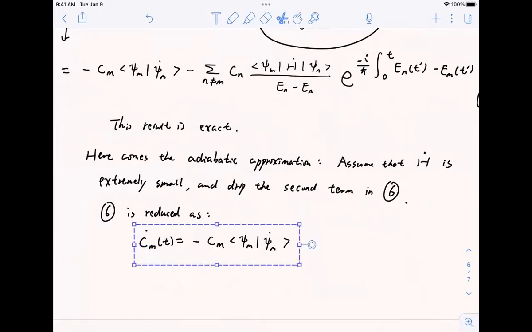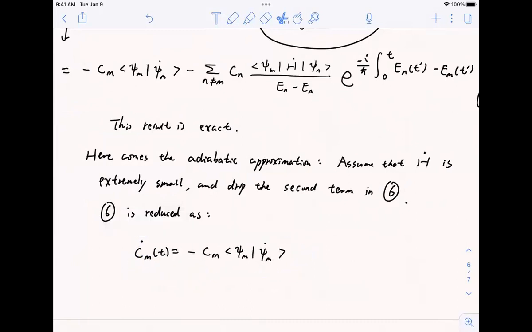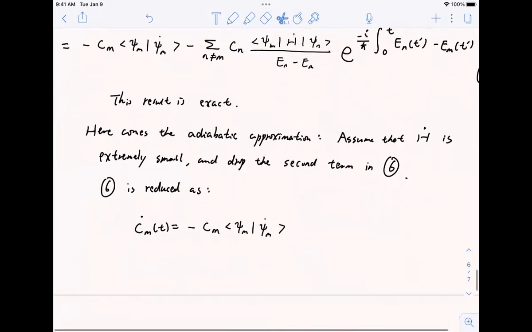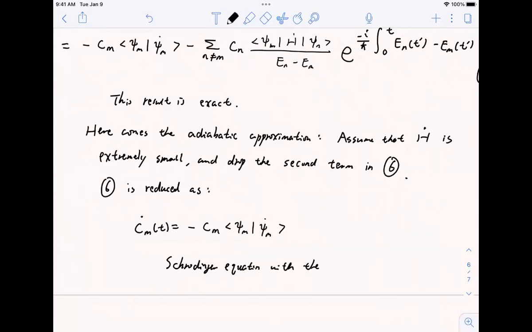So this is just the Schrodinger equation with the adiabatic approximation.